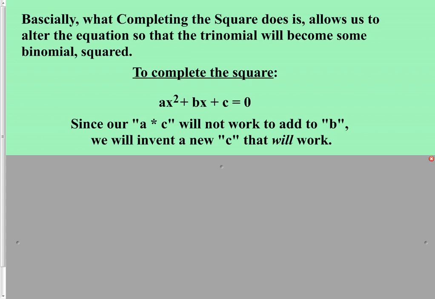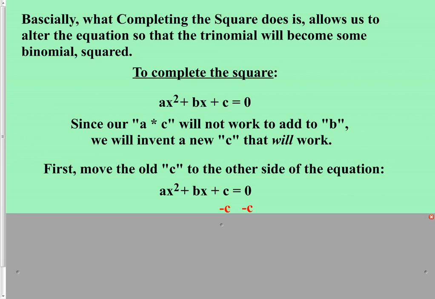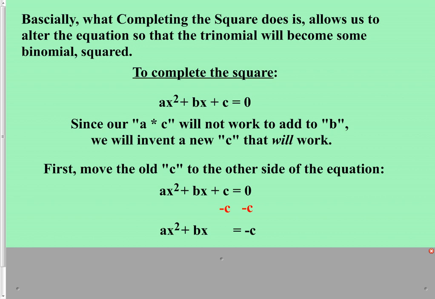Looking at a trinomial, we have decided that our c is no good, so we are going to blame the malfunction on the constant. We're going to send it to the other side of the equal sign. Whatever c is, if it's positive, we'll subtract it to the other side. If it's negative, we'll add it to the other side. But either way, c is being exiled to the other side of the equation.